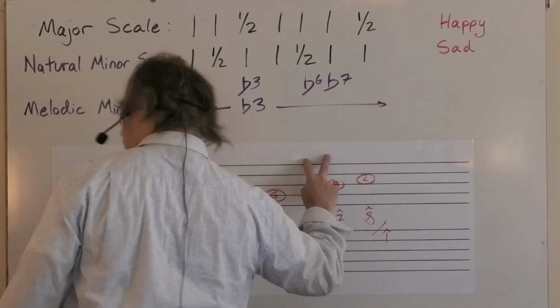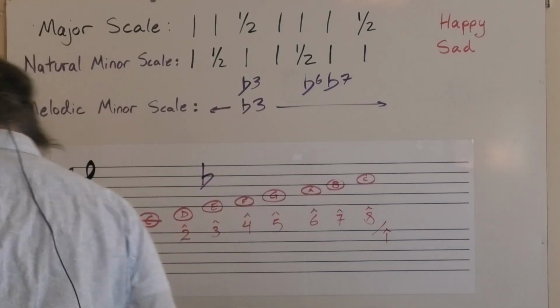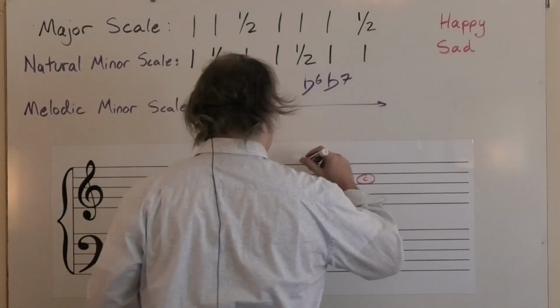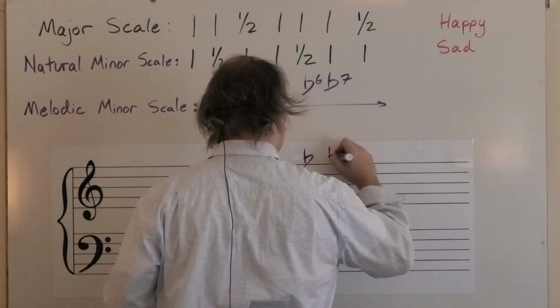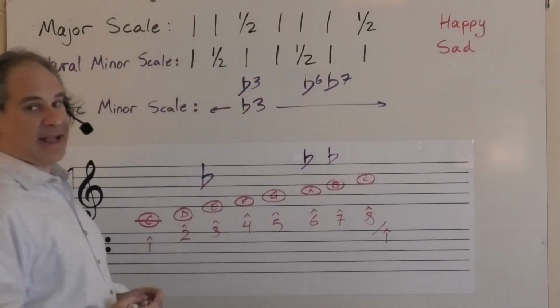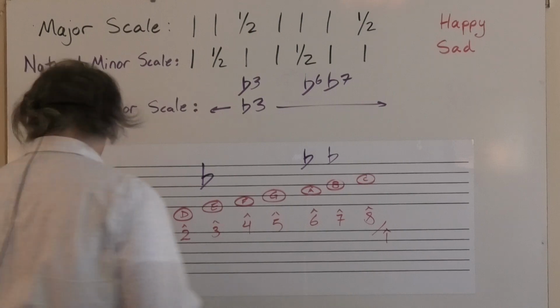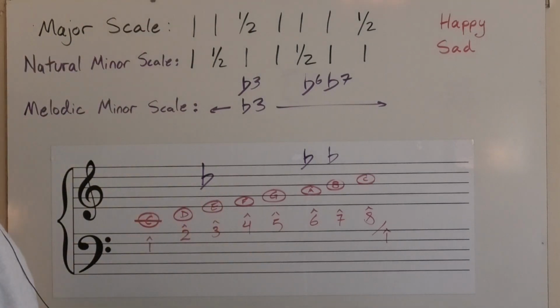Now, do you have any questions? What if we take the natural minor scale, so we're going to flat 3, 6, and 7, right? And you can do that on the keyboard by just taking, in the key of C, E, A, and B, and flipping them down to black keys.